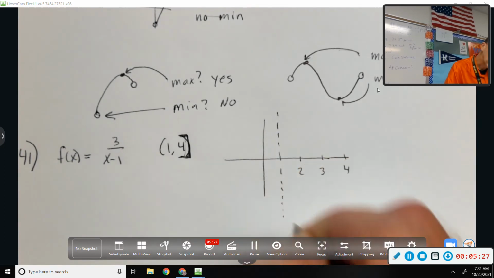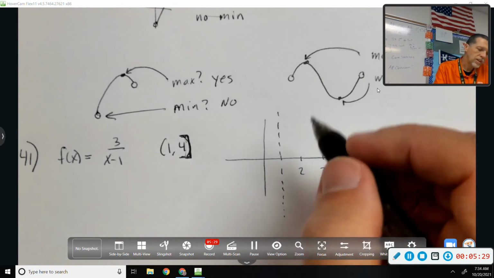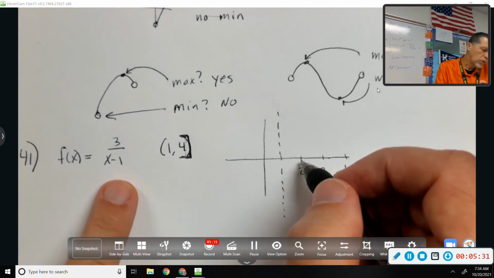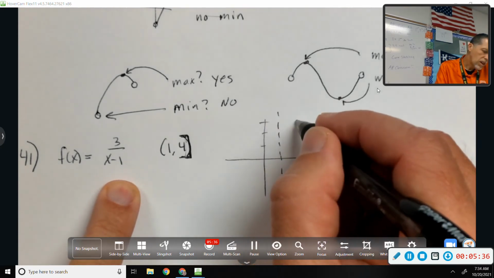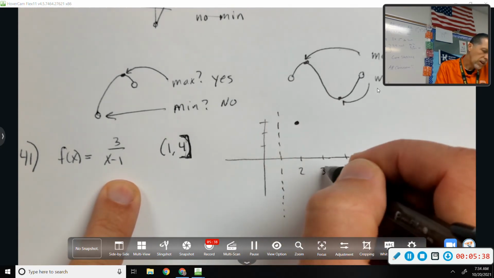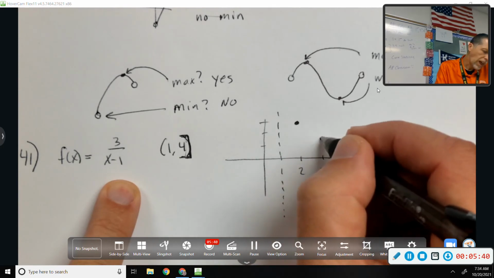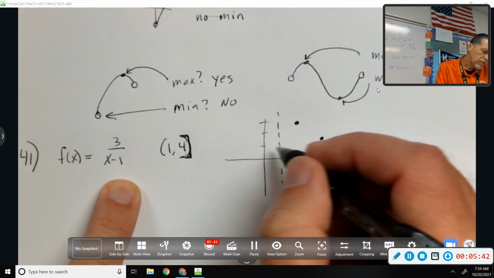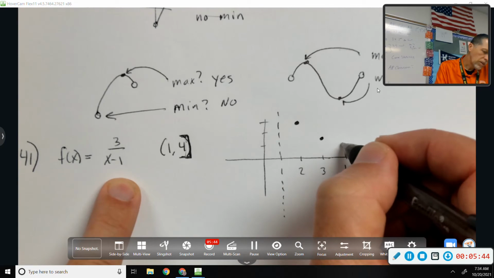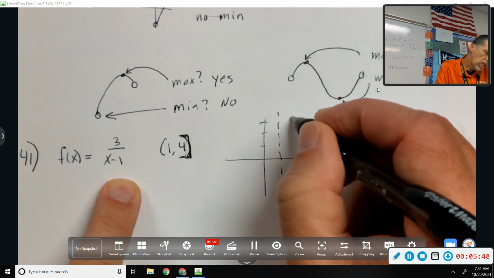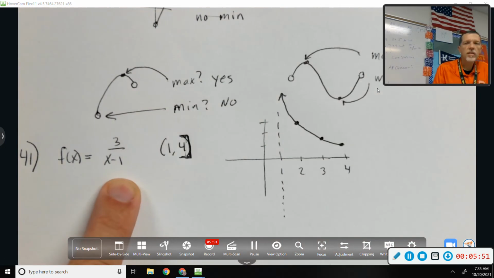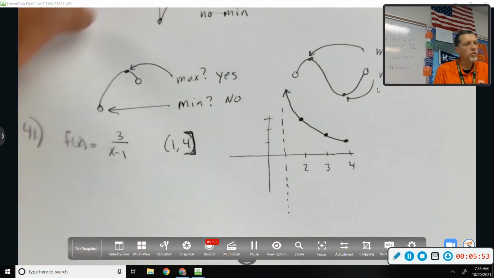There's an asymptote at 1. I'm just going to plug in some values. If I plug in 2, 3 over 1 is 3. I plug in 3, 3 over 2 is 1.5. If I plug in 4, 3 over 3 is 1. So there's my picture for 41.